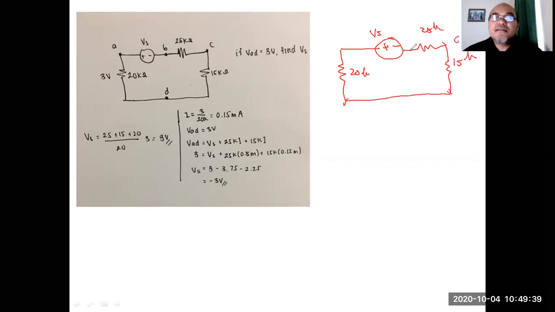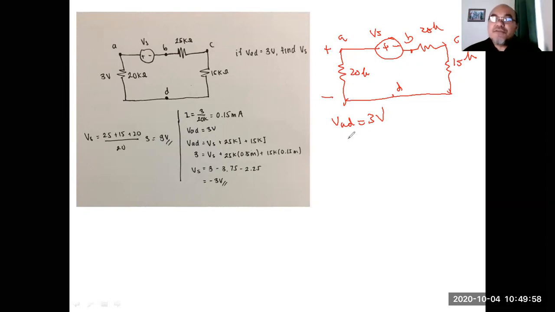This is C, this is B, this is A, and this is B. We want to find VAD, which is known to be 3 volt, right? This means that A is 3 volt higher than D.